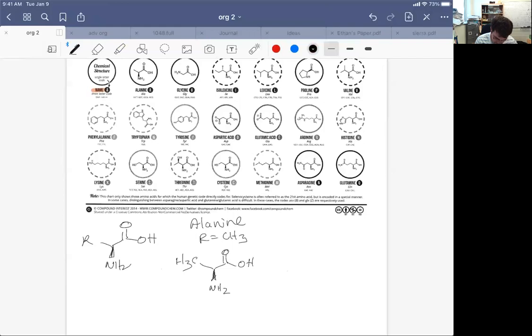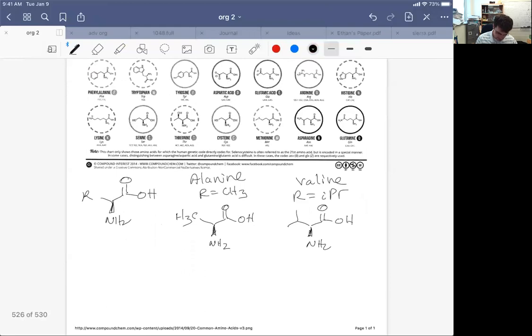In, let's pick valine, R is equal to an isopropyl group. And then we could have a benzene ring as our R group.